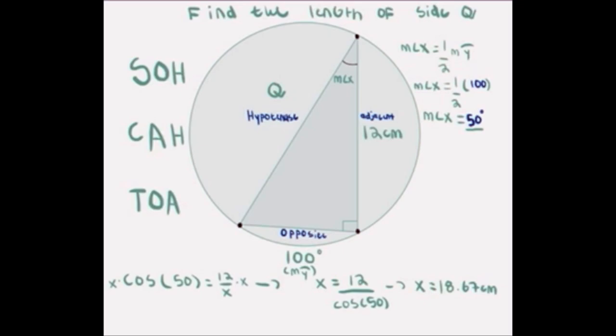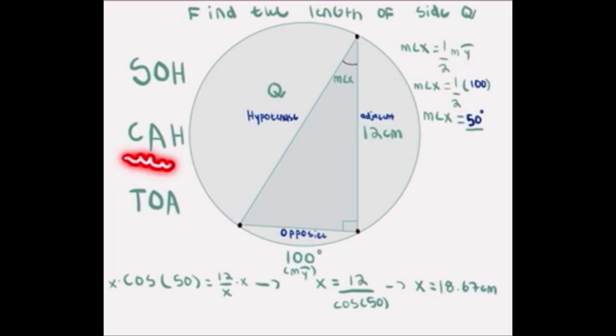So if we refer back to the definition of an inscribed angle, the measure of angle x will always be half the measure of arc y. If I substitute the measure of arc y into my equation, I get that the measure of angle x is 50 degrees. Great, so now that I have that angle, I can start solving for side length q.